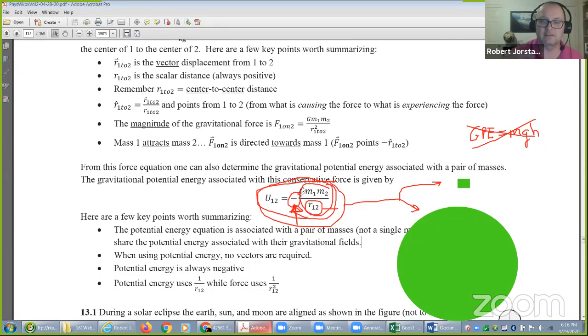That's the same thing as gravitational potential energy becoming more positive when you go up. So in that sense, it's exactly the same. All right. Potential energy is always negative. And then watch out. Energy uses the radius, force uses the radius squared. And again, potential energy is a scalar.